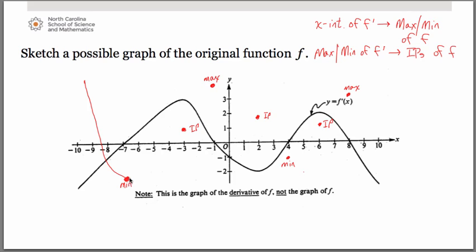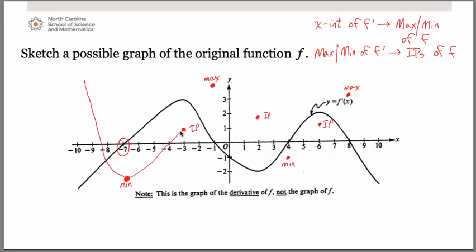So I hit this minimum, which corresponded to right here on the graph. From that point, f prime is positive. That tells us the original function is now increasing. Because the derivative itself is increasing, it tells us the original function continues to be concave up. So from this minimum, I'm increasing and concave up.